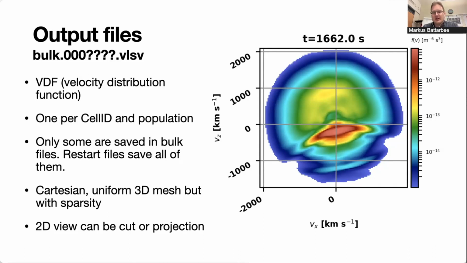But then that will reorder all of this data so that it can be plotted. And because it is a 3D velocity distribution function for one spatial location, if you want to do a regular 2D plot, then that can be either a cut or a slice through the distribution function, or you can project it all to a plane.